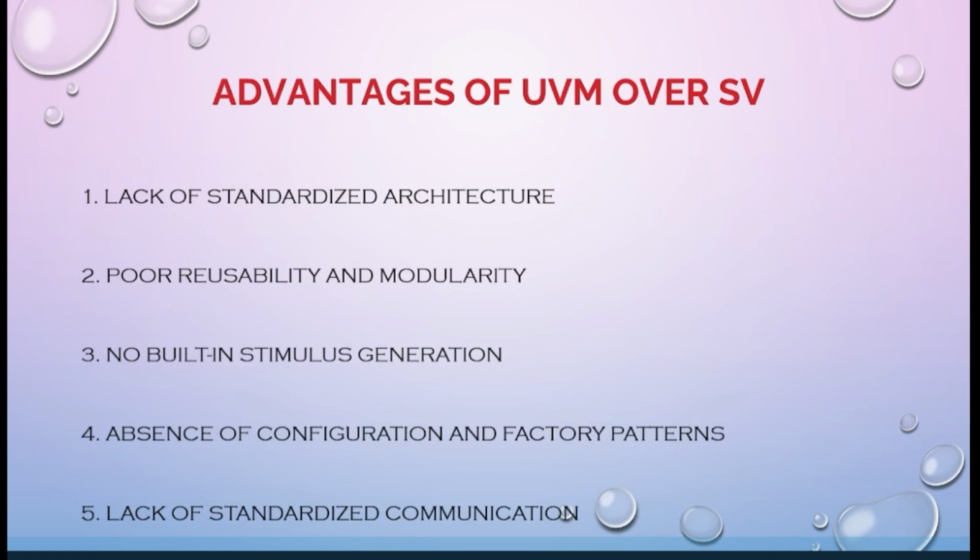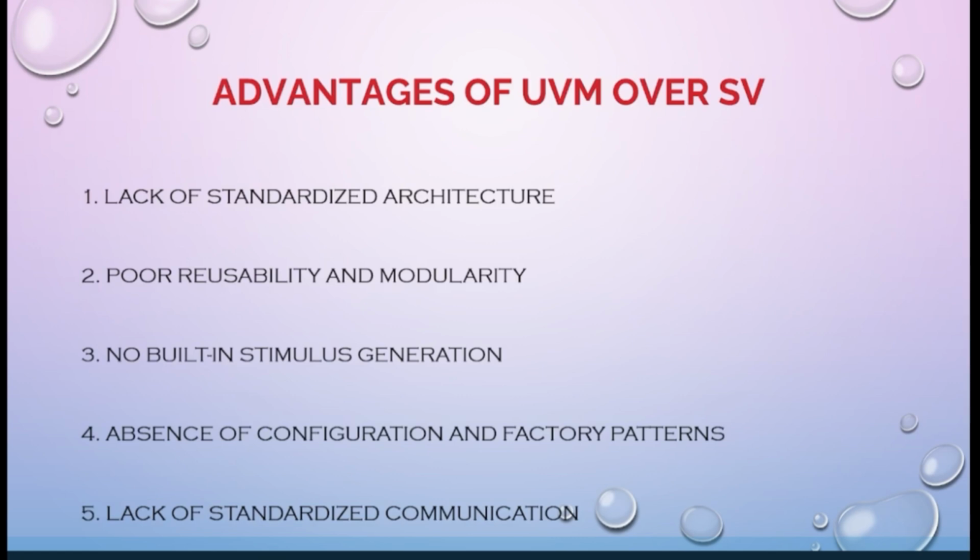Now coming to what are the advantages of UVM over SV? First is lack of standardized architecture. So what does this lack of standardized architecture mean? In SV, as we already talked, every design or every team needs to build all its components like driver, monitor. Every team needs to build everything from scratch in SV.